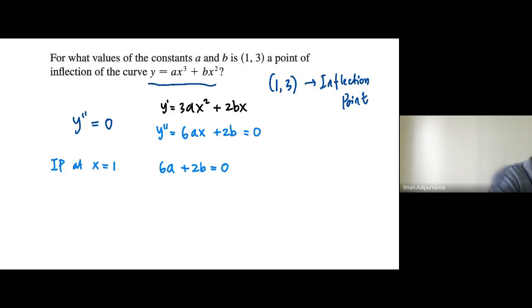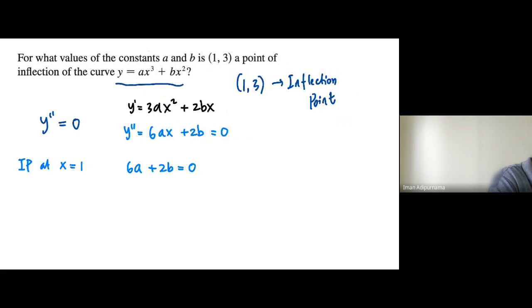And then perhaps we can check the original one, where f(x) is ax cubed plus bx squared. Check x equal 1: a plus b is equal to 3.